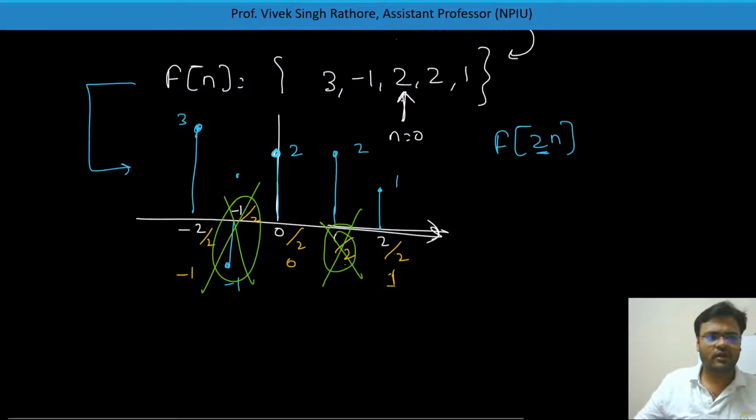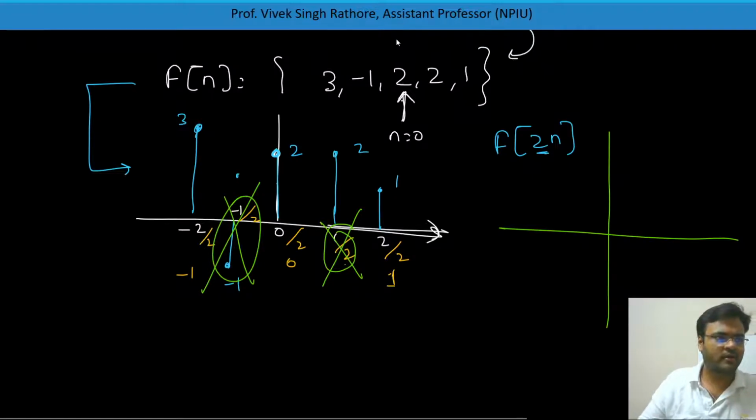Now if you want to plot f(2n), only the value at -1 will exist. The value at -1/2 won't exist, the value at 0 will exist, and the value at 2 divided by 2, that is 1, will exist.